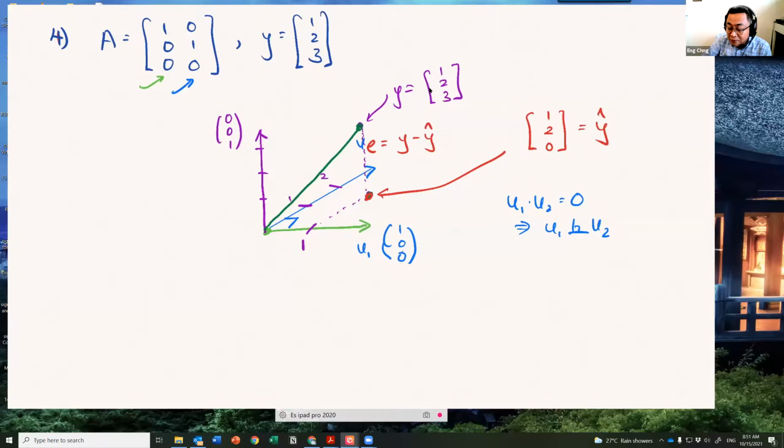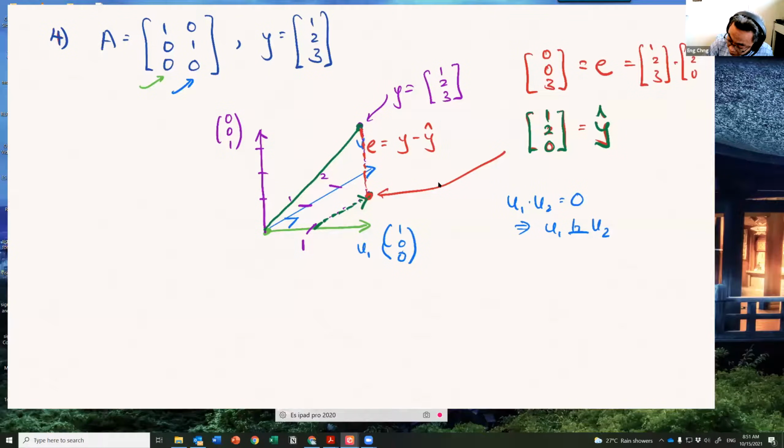So the error E, the vector along the orthogonal projection, is Y minus Y hat. This is Y hat, in green. So my E is therefore 0, 0, 3. This is equal to 1, 2, 3 minus 1, 2, 0, which equals Y minus Y hat.